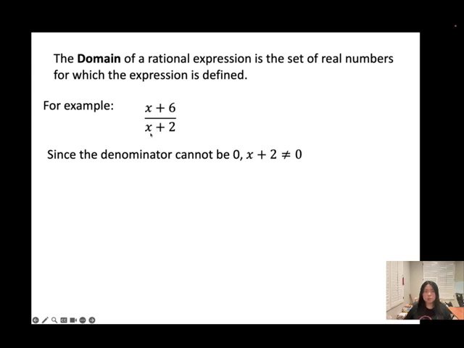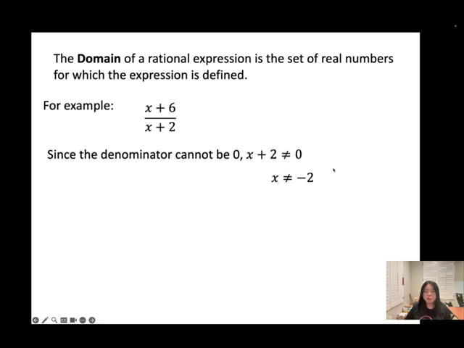So when we want to find the domain, we set x plus 2 not equal to 0. This cannot be equal to 0, and we figure out what x is. So x cannot be equal to negative 2. Think about it: when x equals negative 2, the top will be 4, and 4 over 0 is undefined.